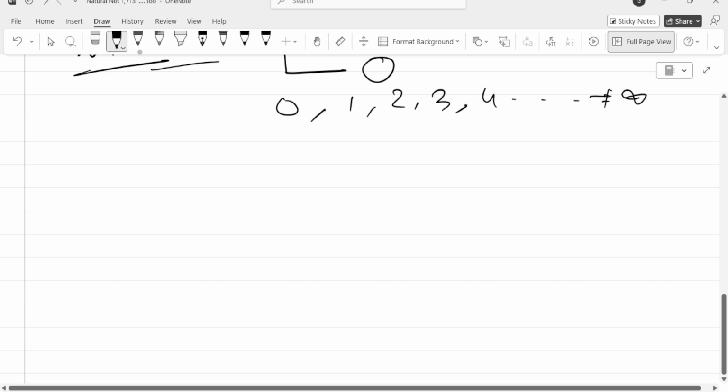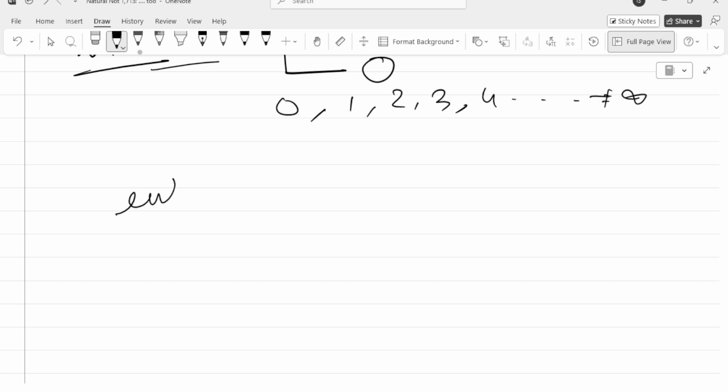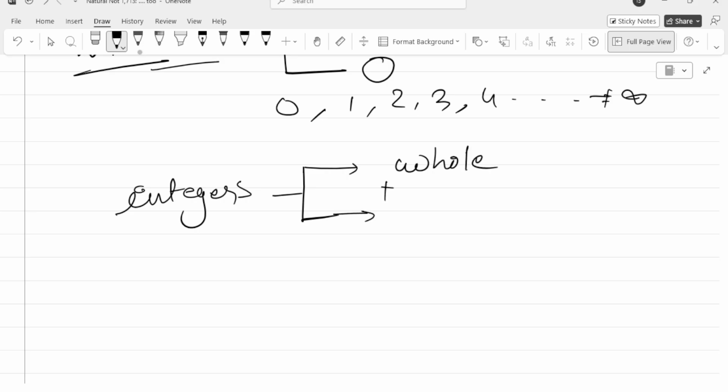Now move to the next one, integers. What are integers? Whole numbers plus negative numbers are integers.